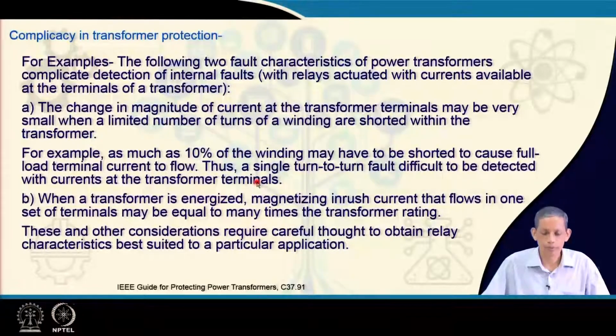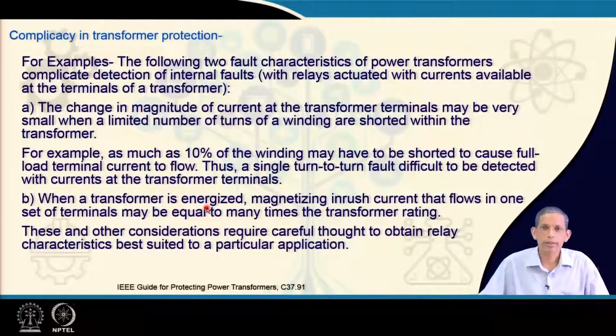That is the issue with a turn to turn fault. At the point where the fault has occurred, the current may be significant, but its reflection at the terminals of the transformer, where the measurements through the CTs are taken, may not be significant. That puts challenges on transformer protection.